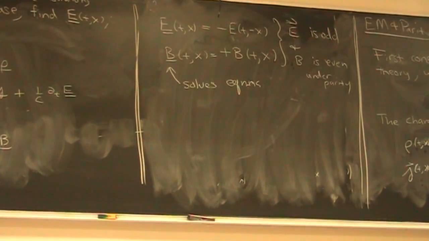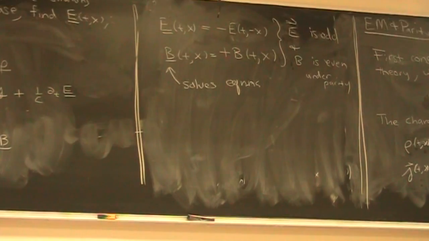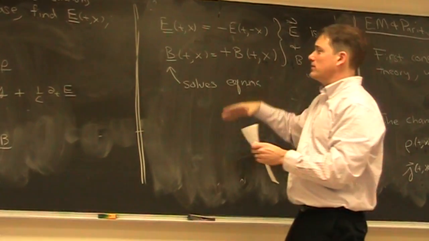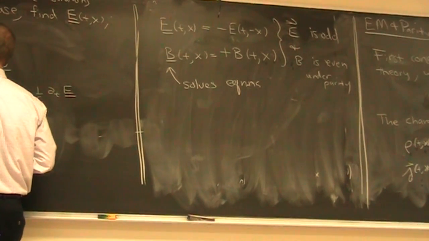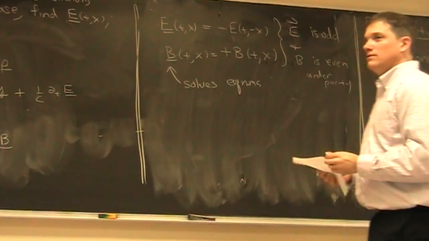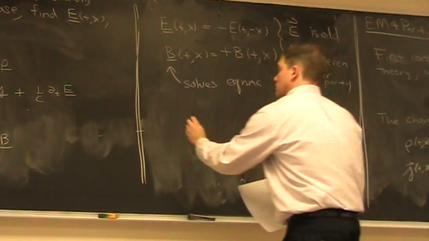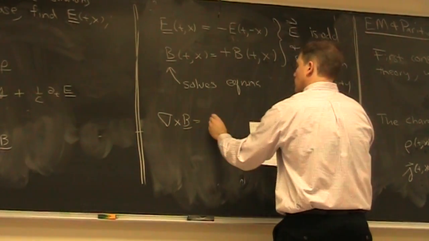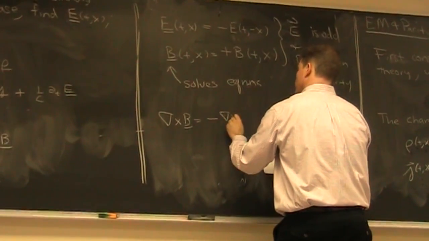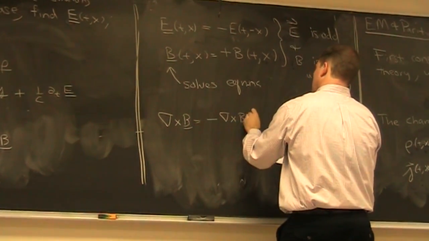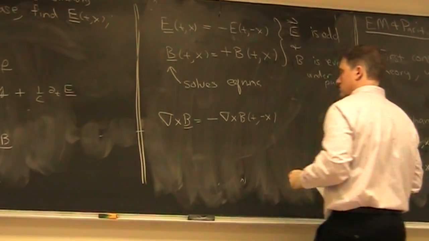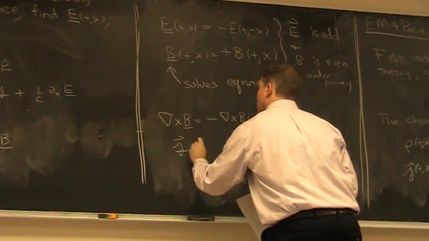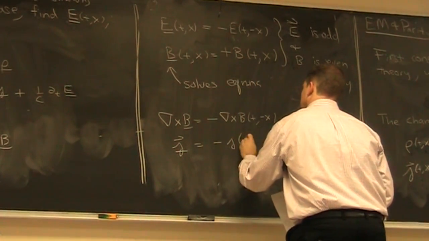Good. Let's just very quickly check this. Let's look at this equation. The curl of B bar is equal to minus the curl of E of t and minus x. J bar is equal to minus J of t and minus x.